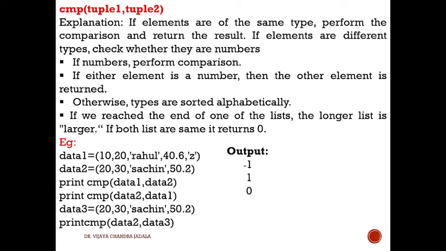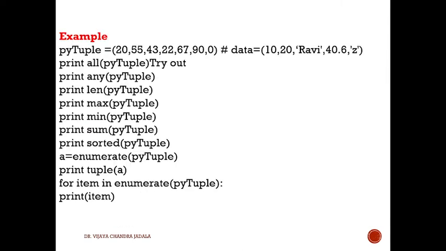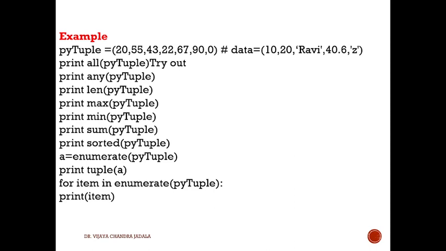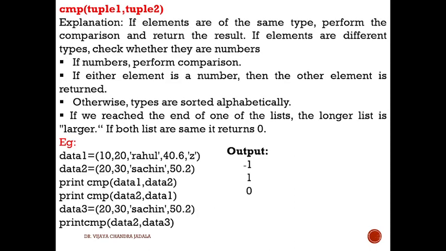Otherwise, types are sorted alphabetically. If we reach the end of one of the lists, the longer list is larger. If both lists are the same, it returns 0. By this, we completed tuples. You can do this as part of practicals.